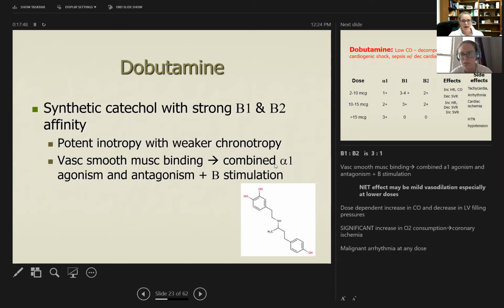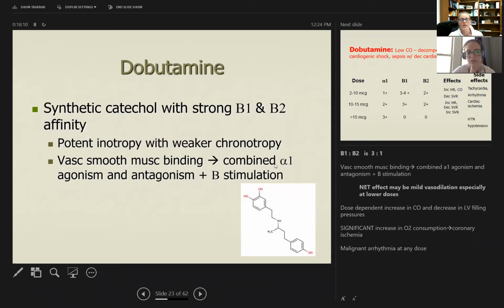And you'll have improved left ventricular filling pressures, which is great, right? Because as your left ventricle fills better, you're going to have better coronary perfusion, which becomes important because dobutamine, because of its impact on inotropy, those stronger, more forceful contractions chew through oxygen, right?